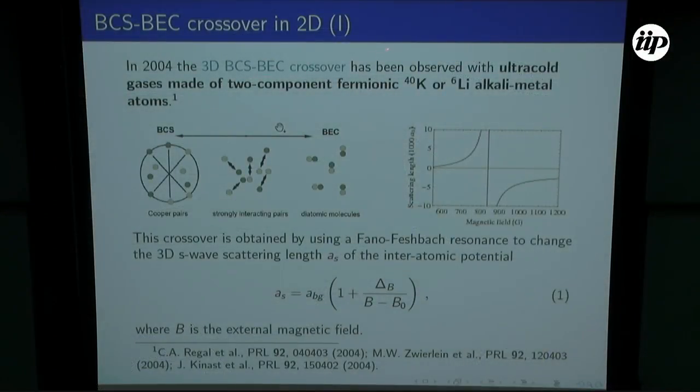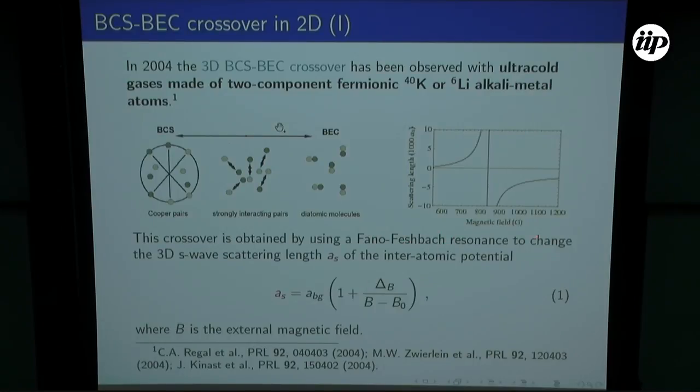As you have seen previously, about 10 years ago, the BCS-BEC crossover has been observed with ultracold gases made of two-component fermionic alkali metal atoms that can be potassium or lithium, usually. The BCS-BEC crossover is obtained by changing the s-wave scattering length between atoms using a very nice technique known as the Fano-Feshbach technique.